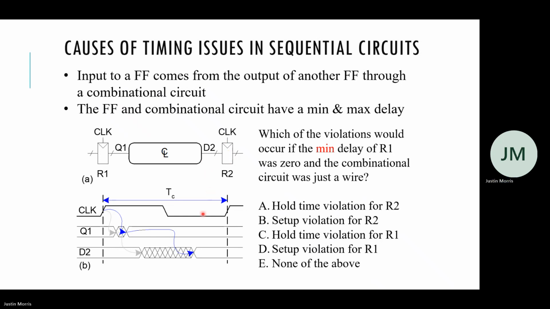Because if you have no delay between R1 and R2, so being the contamination clock to Q and the contamination of the combinational logic, then what happens is the input before, say it was stable, right?